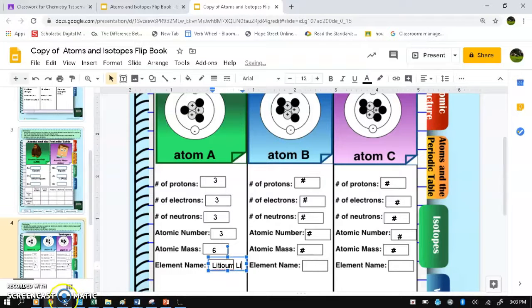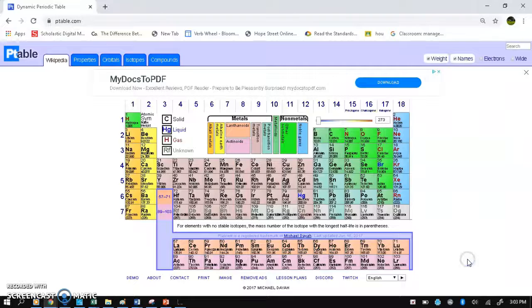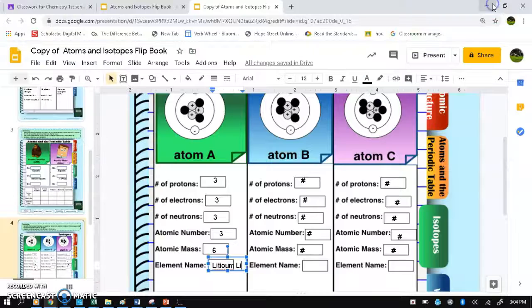I'm okay with that. Now, how do I know it's lithium? I come to my periodic table. I look for the number 3. Boom. Done. It is lithium. See that number 3 on the top, right above the Li? So you can write the symbol or the name, and I spelled that wrong.